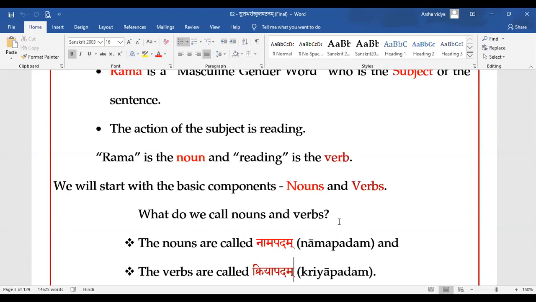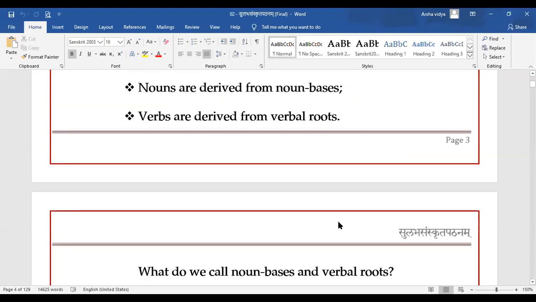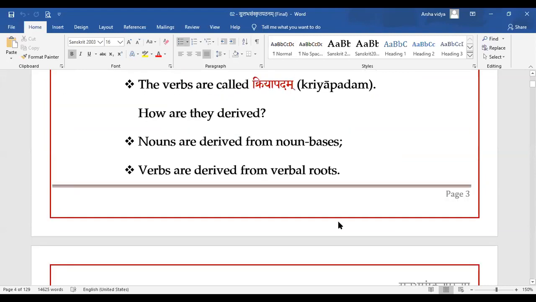From a noun base, a noun form is derived. And the name for noun form is Namapadam. And the name for noun base is called Shabda. What is that? Shabda. You can note. The name for noun base is called Shabda.